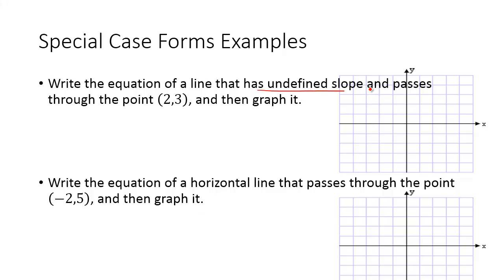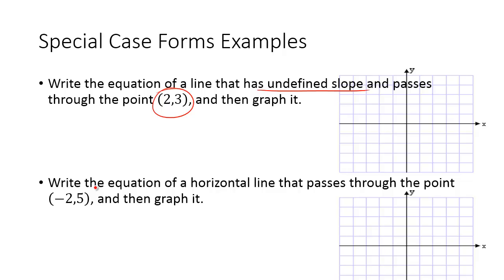So if you have an undefined slope and the point is 2, 3, what would the line equation be? With that, it's undefined, so is it horizontal or vertical? Vertical. So what does that mean? Is the y going to be the same or the x going to be the same?